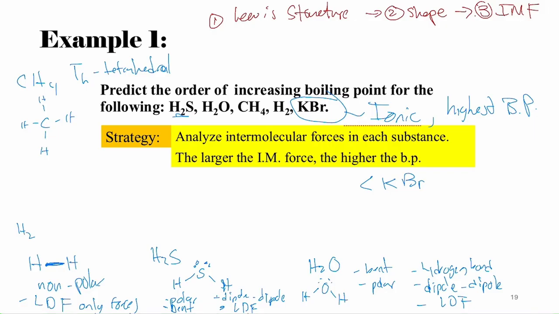So that's also considered a nonpolar bond. All right, so this is nonpolar, which means that what forces is this going to have? Only London dispersion forces, right? Because it's not polar, there's no dipole-dipole forces, and there's no hydrogens bonded to fluorine, oxygen, or nitrogen.